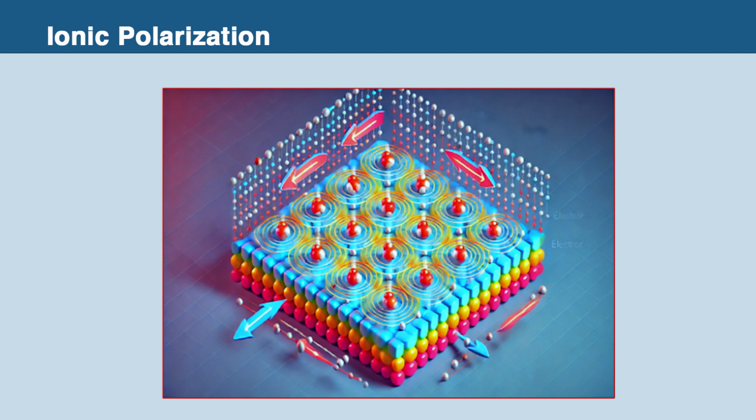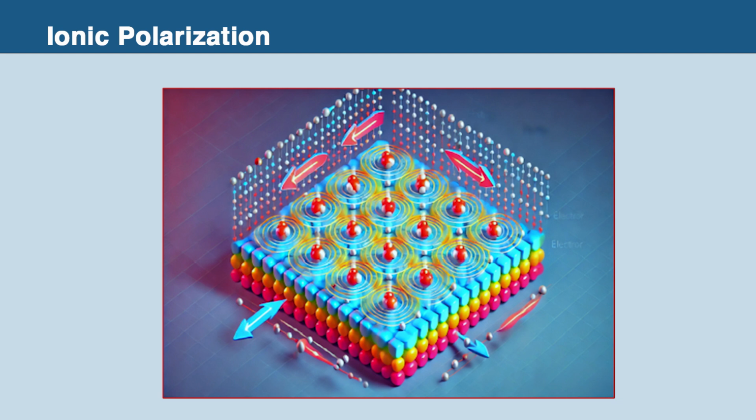When an electric field is applied, here electric field is shown by the arrows, the positive and the negative charges shift slightly. The positive charges move towards the direction of the arrows, and the negative charges move in the opposite direction.